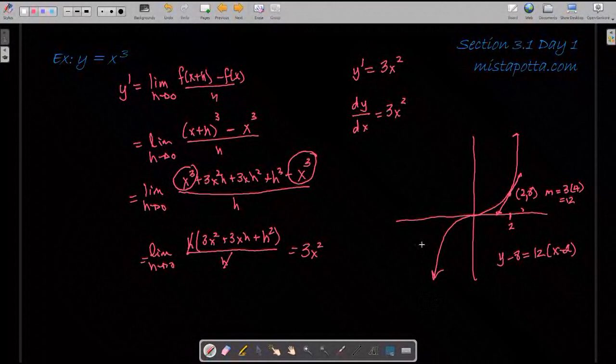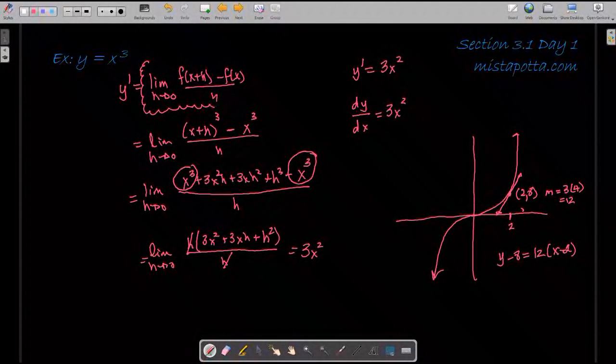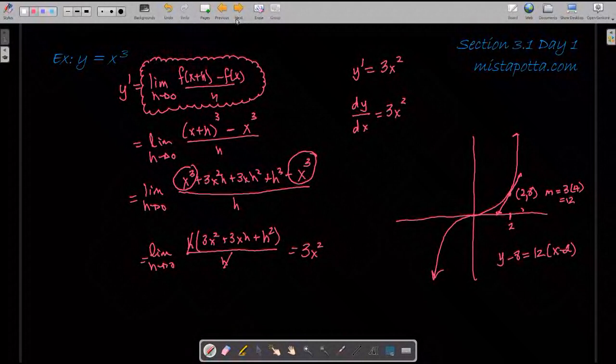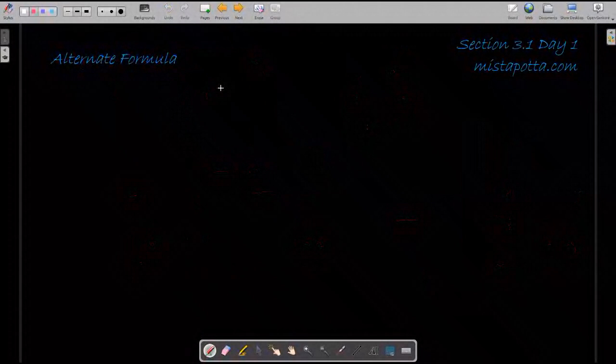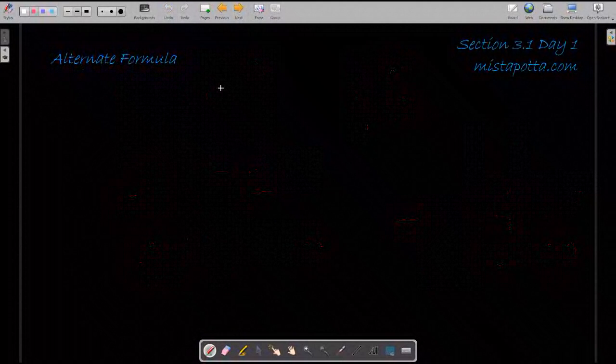However, this notation that we've been using, this f of x plus h minus f of x over h, is not always the easiest to use depending on our function. There are some situations where an alternate formula would be more helpful.